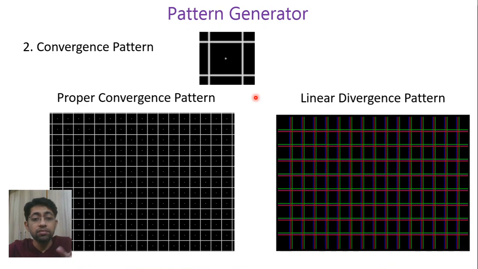Here you can see that if your electron guns are diverging, then instead of white bars, color bars are produced. So this pattern will be the result of divergence of the electron beam.